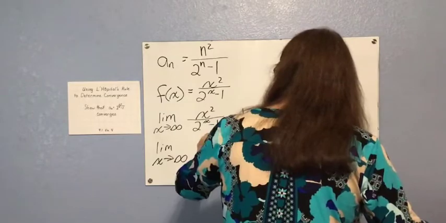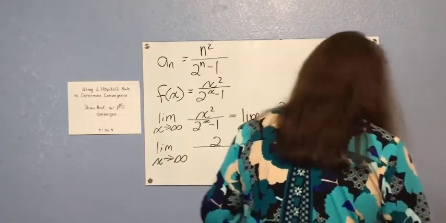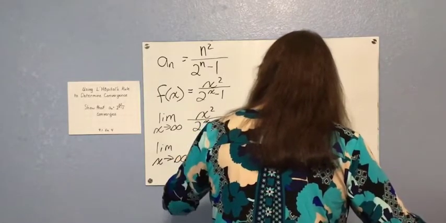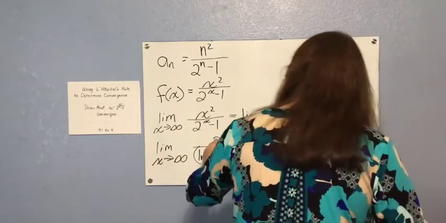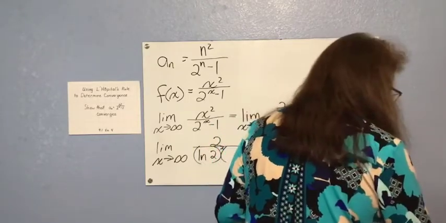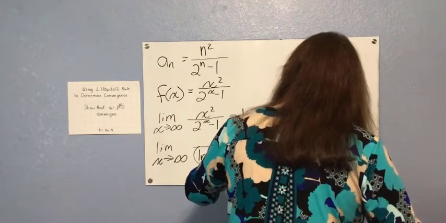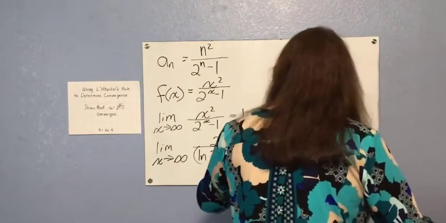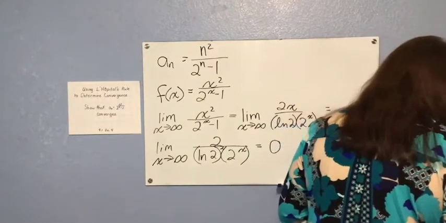In the numerator we now have 2, the denominator natural log of 2 squared times 2 to the x, and this limit is 0.